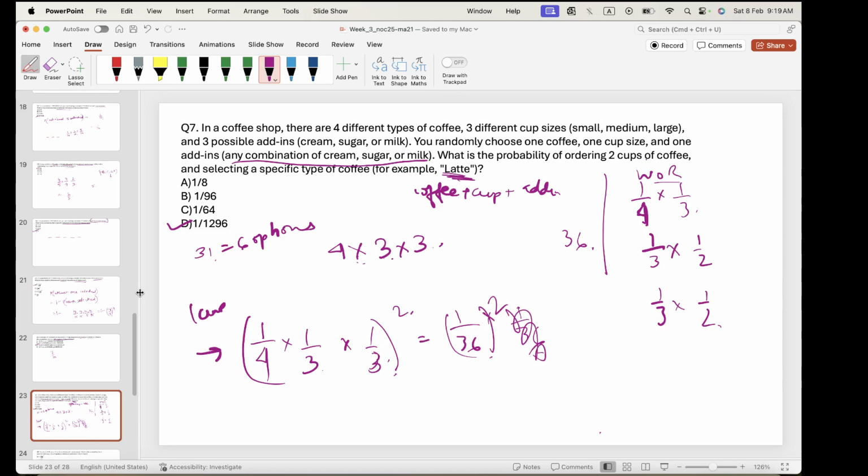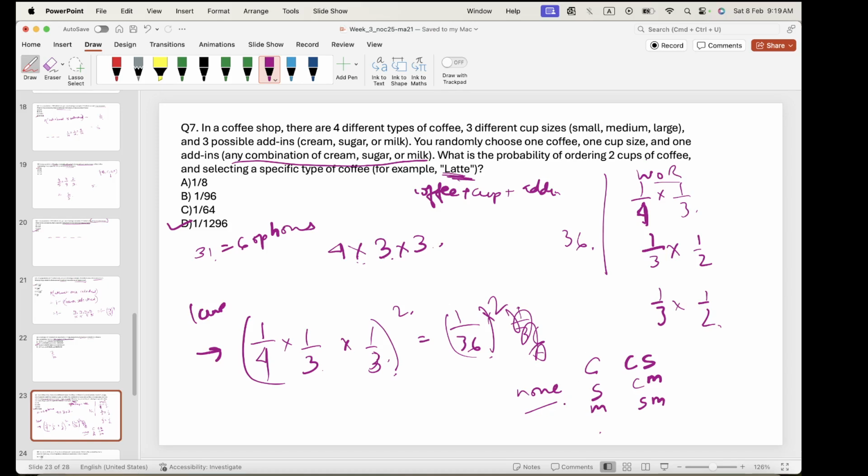And then again, let me just list it out. I could have cream, sugar, milk. I could have cream sugar, cream milk or sugar milk. I could have none. Okay, now it makes sense.